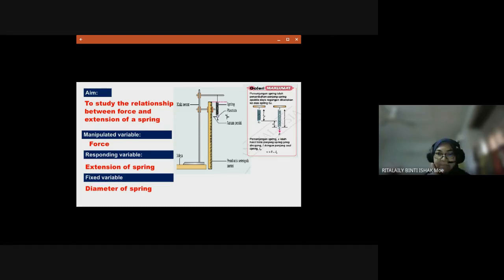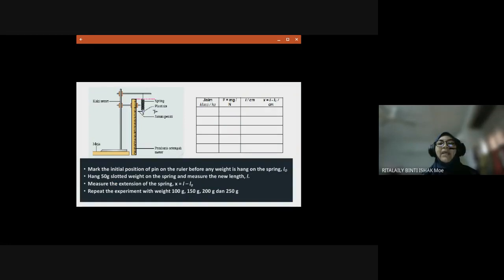And then you should be able to write the aim, and all the three variables. When we do experiment, you should be able to write all this, and also the procedure and method.